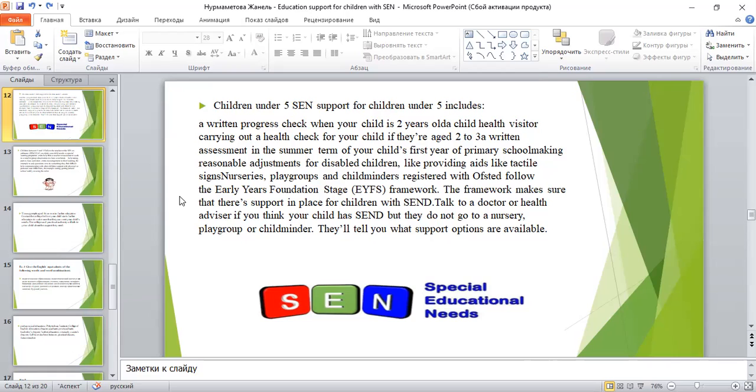Talk to a doctor or health advisor if you think your child has special educational needs and disability but doesn't go to a nursery, playgroup, or childminder. They will tell you what support options are available.